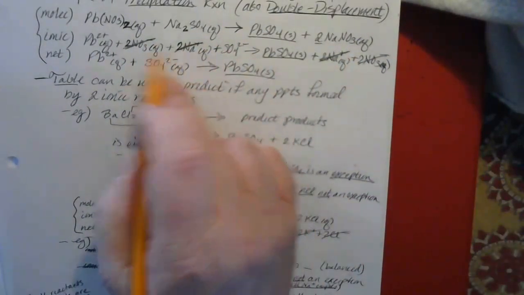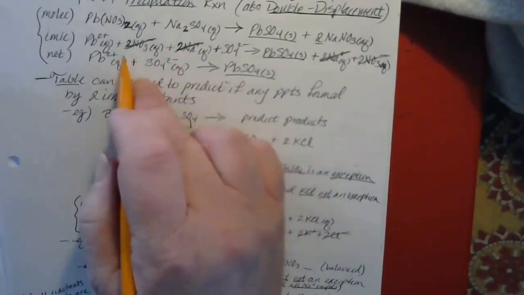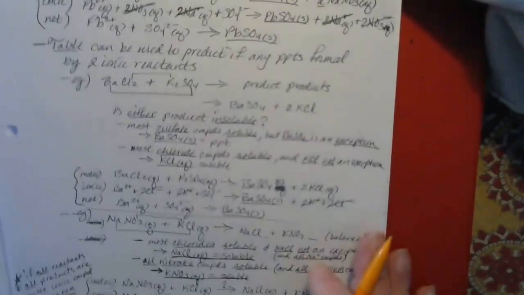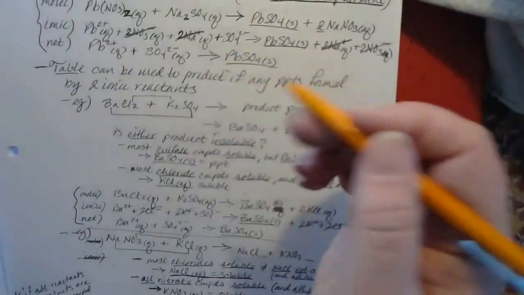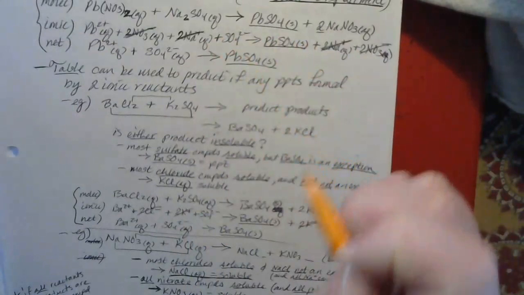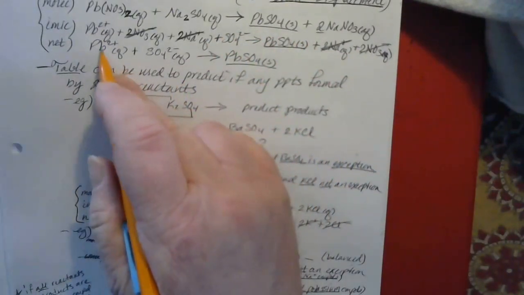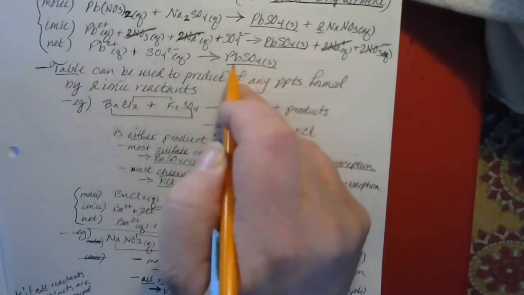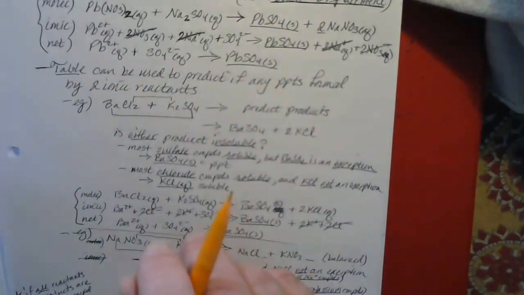And in fact, sodium ions and nitrate ions will always be spectator ions in any reaction where they occur. Plus, you've got the sulfate ions, which come out as part of lead sulfate. So that's a change, they have to stay. So your net ionic equation will be lead ions plus sulfate ions yield lead sulfate.